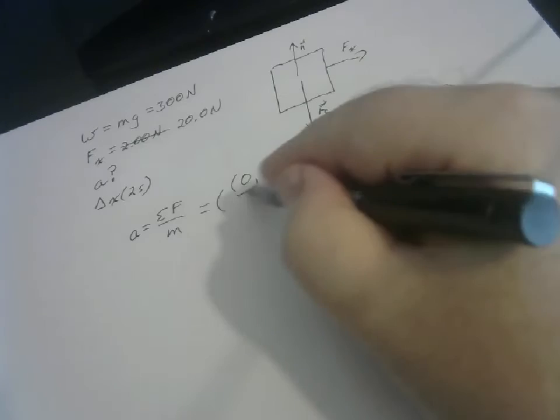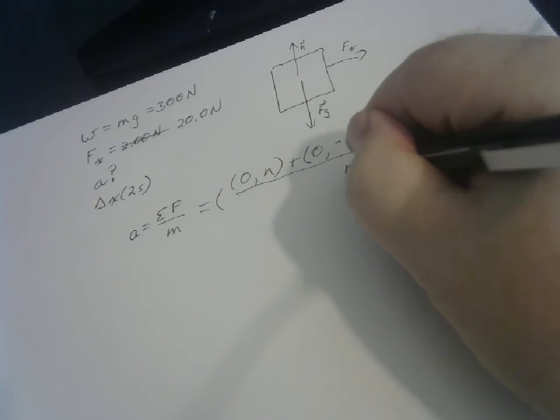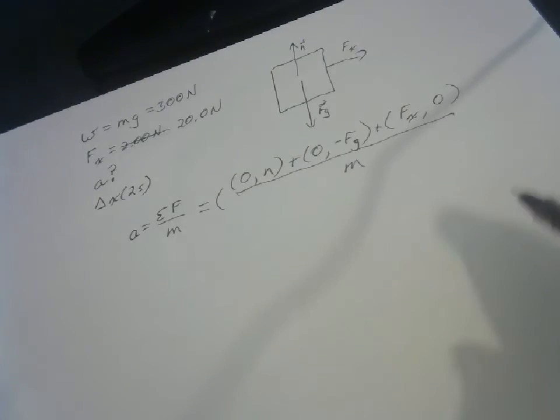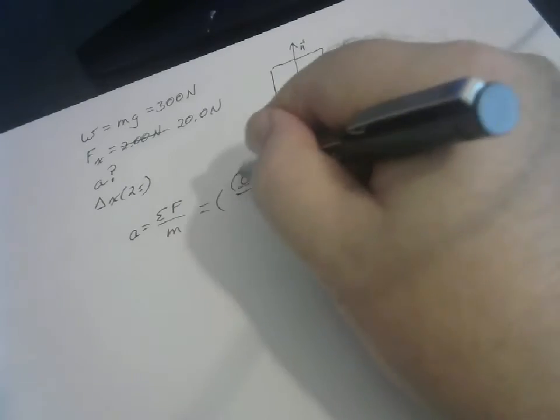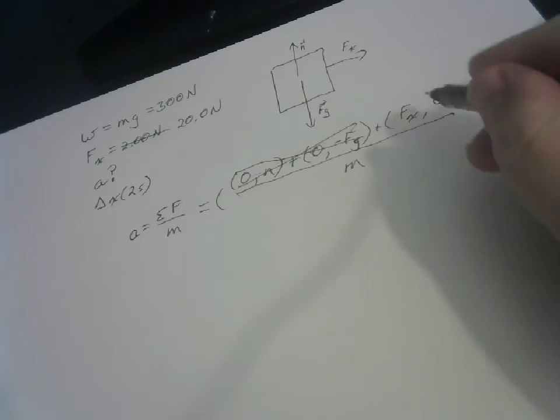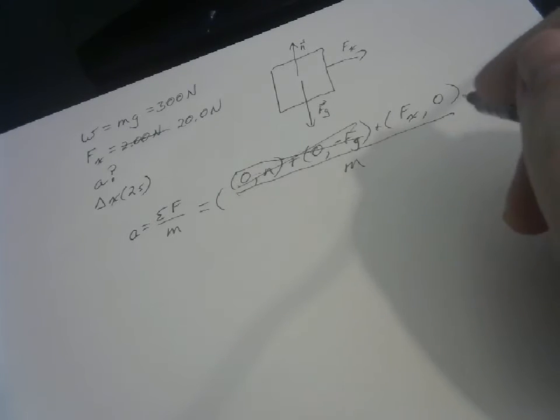The normal force and the gravitational force cancel out, because they are equal and opposite to each other, and we're just left with the force in the x direction.